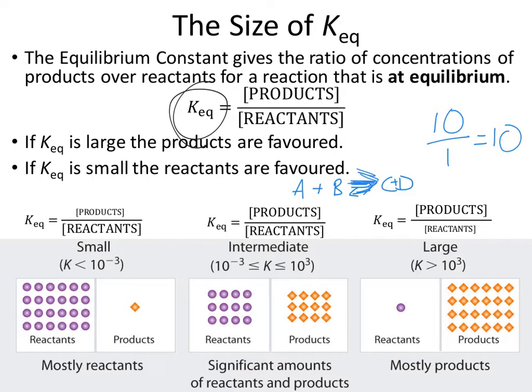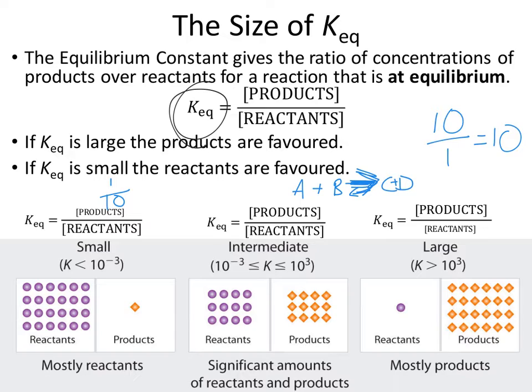Now, what if KEQ was small? The only way that KEQ would be small is if our denominator was much larger than our numerator. So in this case, 1 over 10, for example. This would give us a decimal, and that decimal would be KEQ, and if KEQ is small, what we'd say is that the reactants are favored.